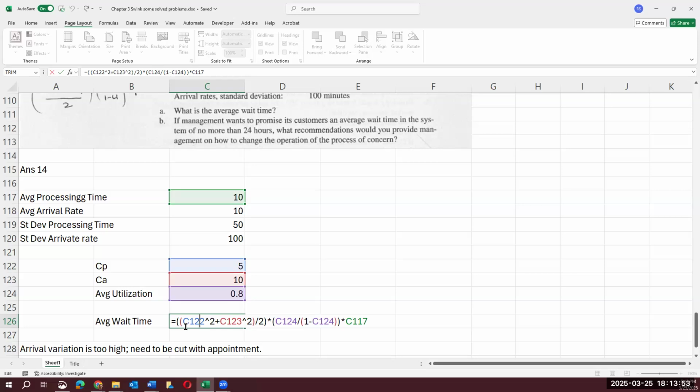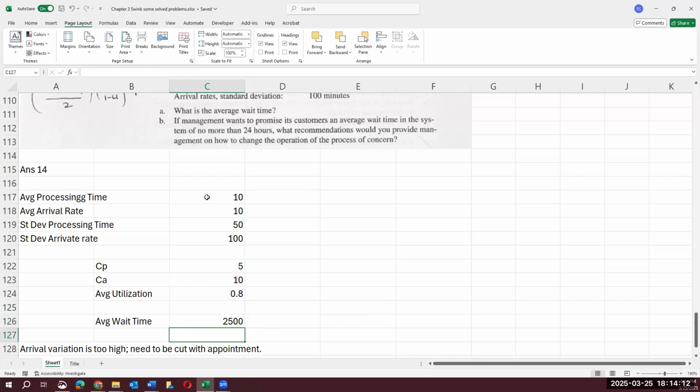Take the coefficient of variation for process, square it. Coefficient of arrival, square it. Find the average, multiply it by the utilization divided by 1 minus utilization. Again, using parentheses is very critical. Multiply that by the average processing time, and if you do that, you get 2,400 minutes.